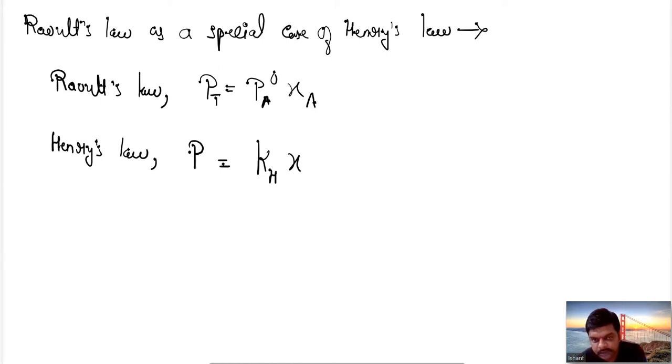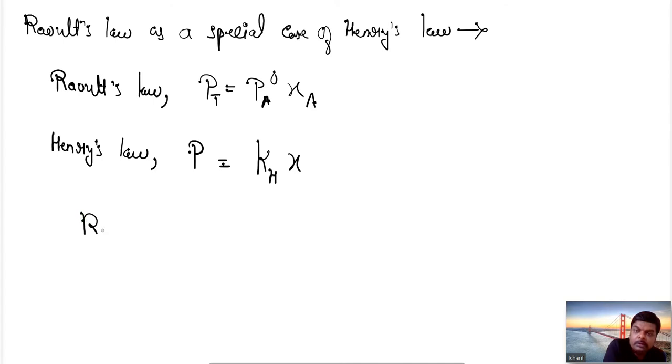Then the total vapor pressure of the solution is directly proportional to the mole fraction of that particular component. The only difference is that the two expressions contain different constants of proportionality. In the first case it is the vapor pressure of the pure component, and in the second case it is Henry's law constant.